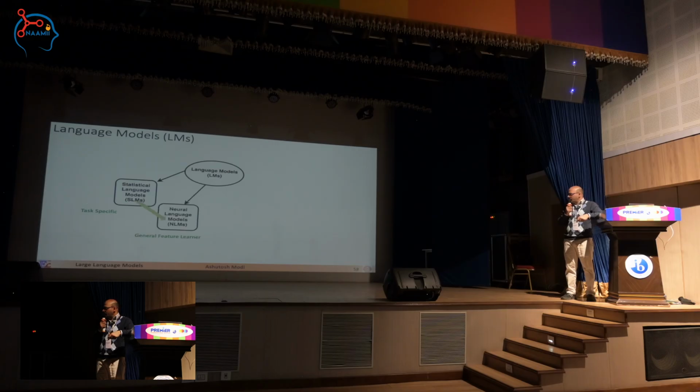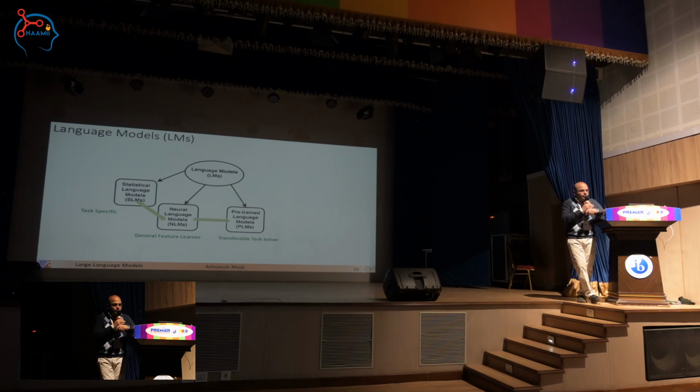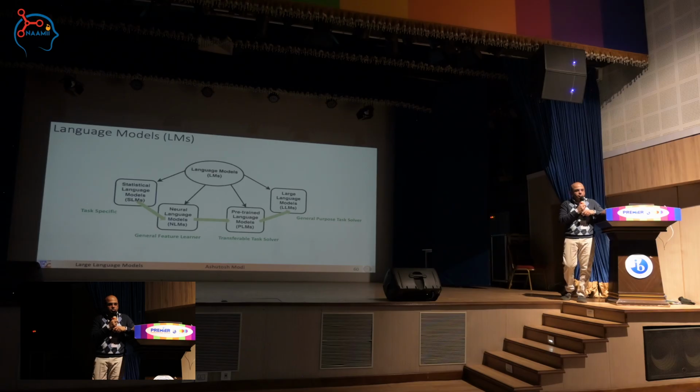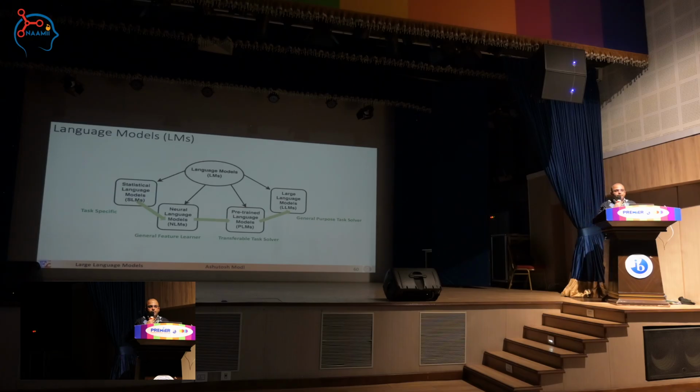Then neural language models became feature learners. Then you came to task solvers, where you pre-train a model and transfer that knowledge by fine-tuning. And finally, large language models have become general purpose language solvers, just as good as a human. Any questions so far?